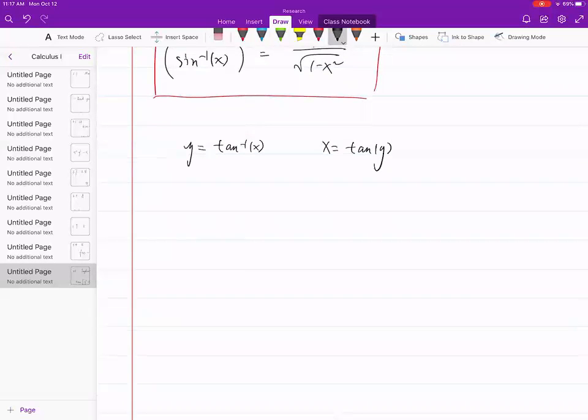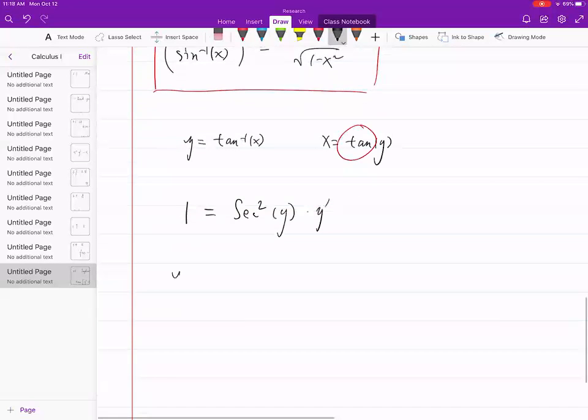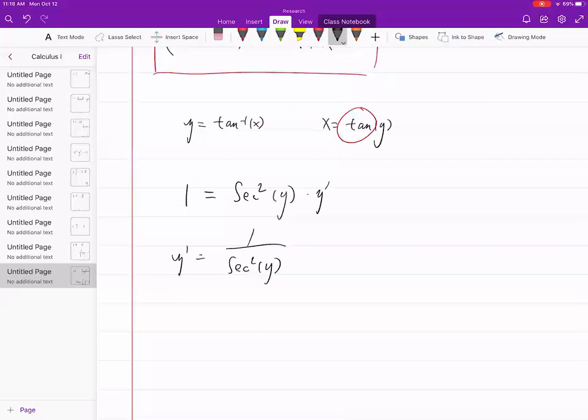Because of that, take the derivative. 1 equals secant squared y, coming from tangent, times y prime. That's step 1.